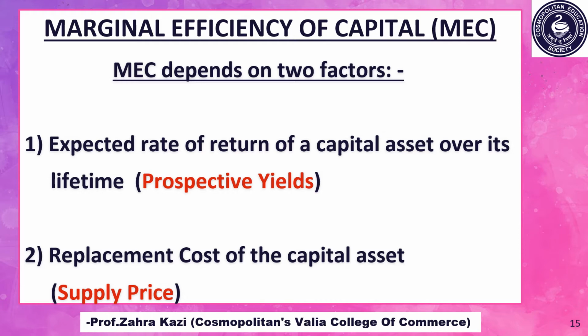Prospective yield means expected rate of return of a capital asset over its entire lifetime. And supply price means the replacement cost of the capital asset. Therefore, MEC is nothing but the ratio of these two factors, that is prospective yields and the supply price.